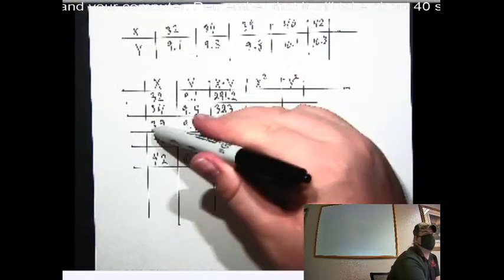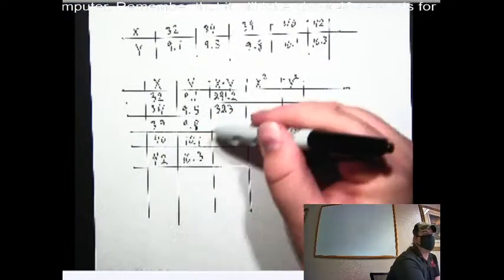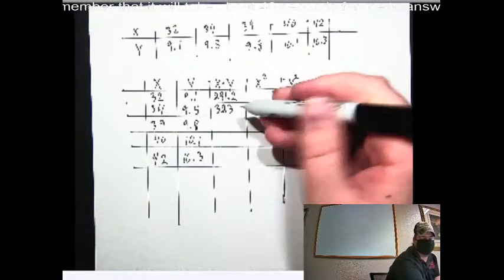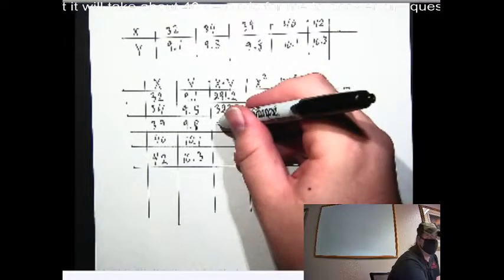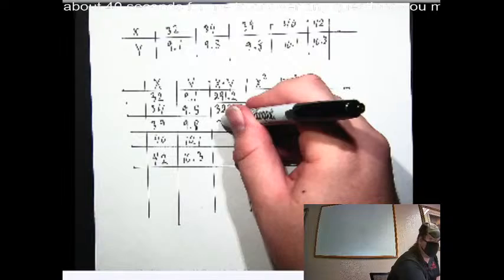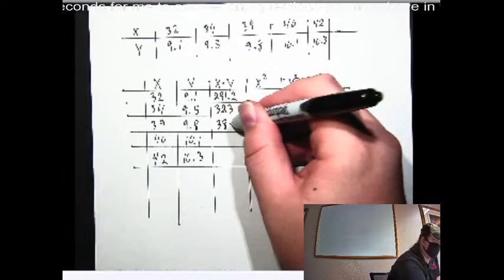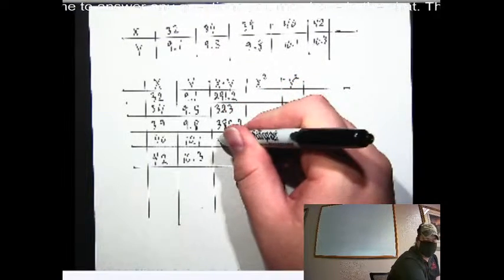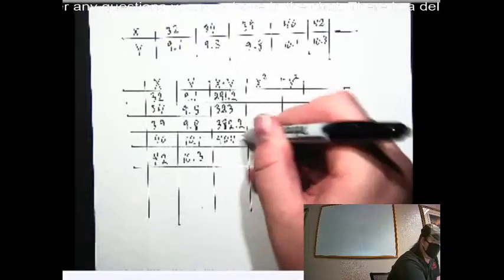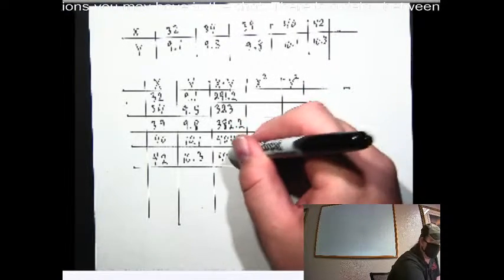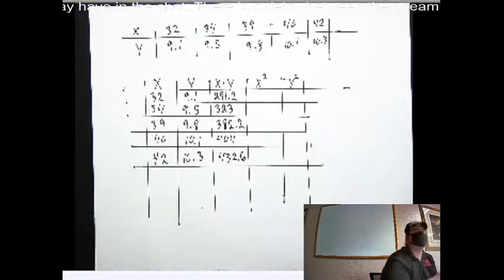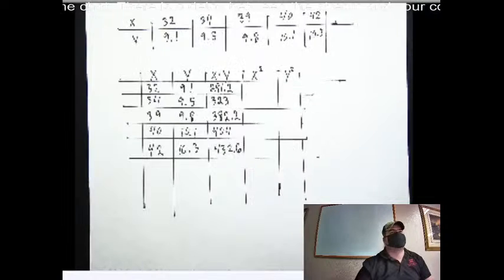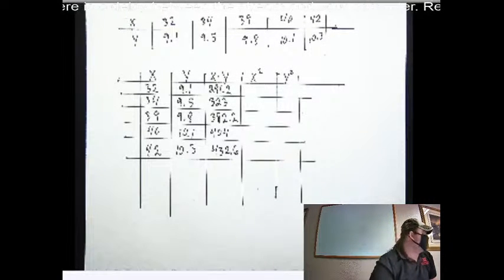And so we'll just keep on doing that with each of these and fill in the rest of this column. And I've gone ahead and multiplied all of these already. So this one is 382.2. This one is 404. This one is 432.6. Does that make sense? Any questions so far?